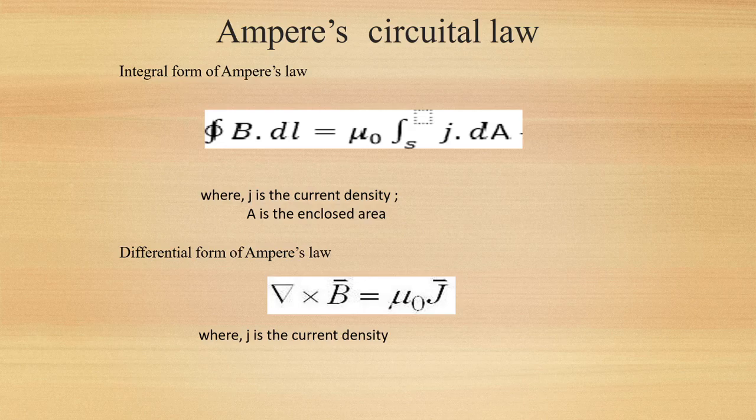Choose a concentric circle as the Amperian path. Since this path encloses the whole current I, according to Ampere's law, I is equal to closed integral H dl, which is integral H phi a phi, rho d phi a phi. That is H phi integral rho d phi, or H phi 2 pi rho. So I is equal to H phi 2 pi rho, or H is equal to I by 2 pi rho a phi.